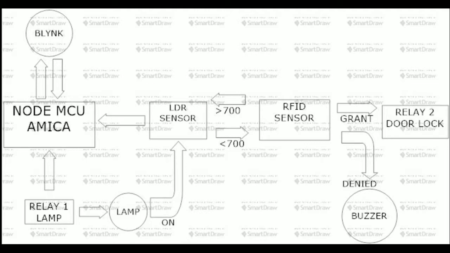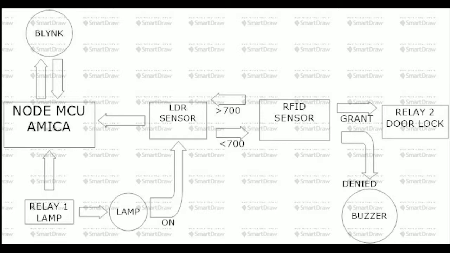In our project, when the light intensity is lower than 700, the RFID sensor can be used, but if higher than 700, RFID can't be used, and the LDR sensor will refresh to get the required value. When the light intensity is lower than 700, it means the place is full of light. The light is enough for activating the RFID sensor.